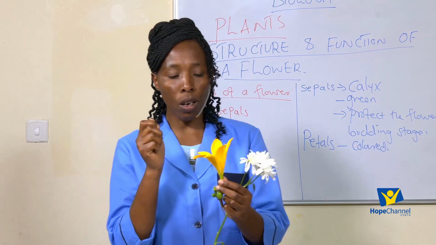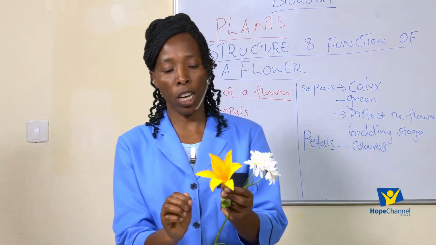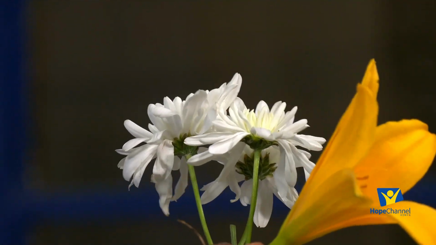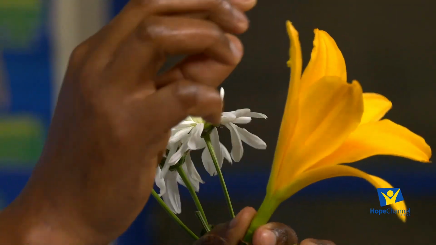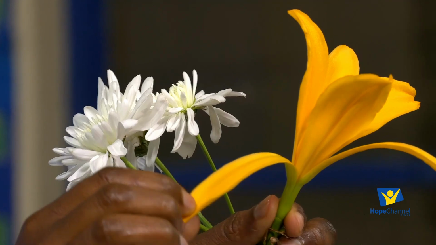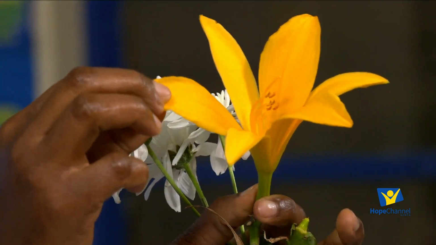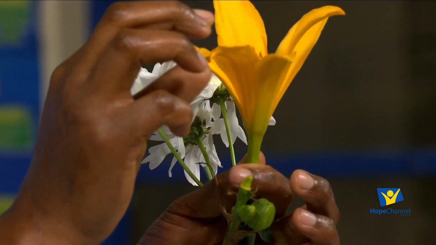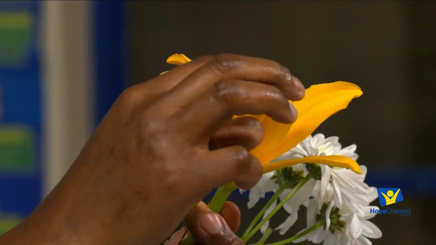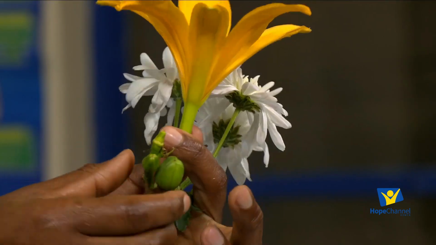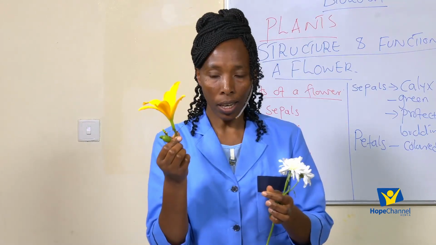And we are going to give a reason why they have different colors. So for this one, you can see these are the petals, okay? Anytime someone will ask you to identify this part of the flower, we say this is the petal. And for this flower, the petals are yellow in color.